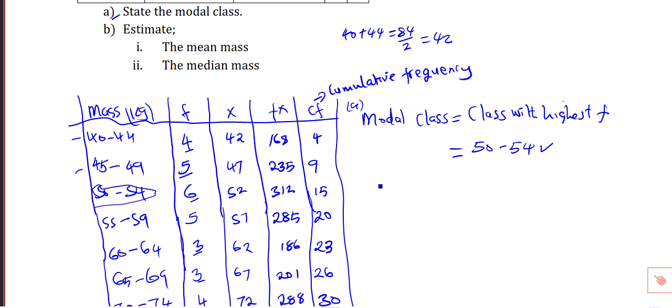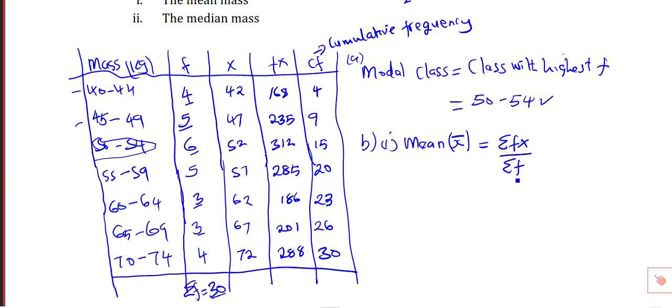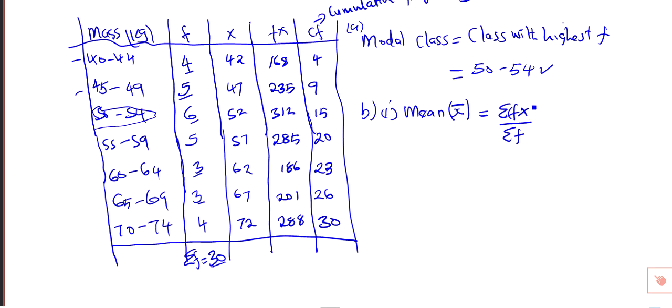Now part B is asking us to estimate the mean, and the mean is usually denoted by that symbol. Usually the mean is sum of fx divided by sum of f. For sum of fx, you come to the column under fx and add all these values: 168 plus 235 plus 312 plus 285 plus 186 plus 201 plus 288.